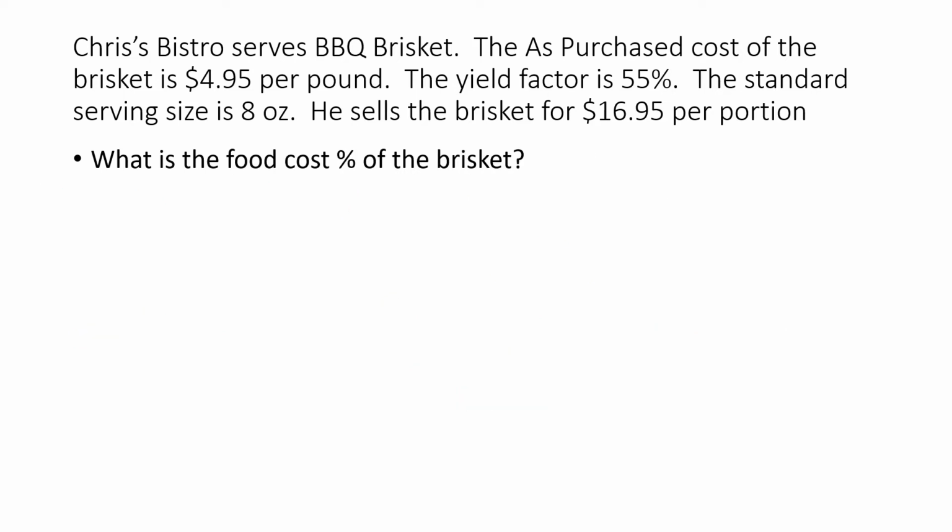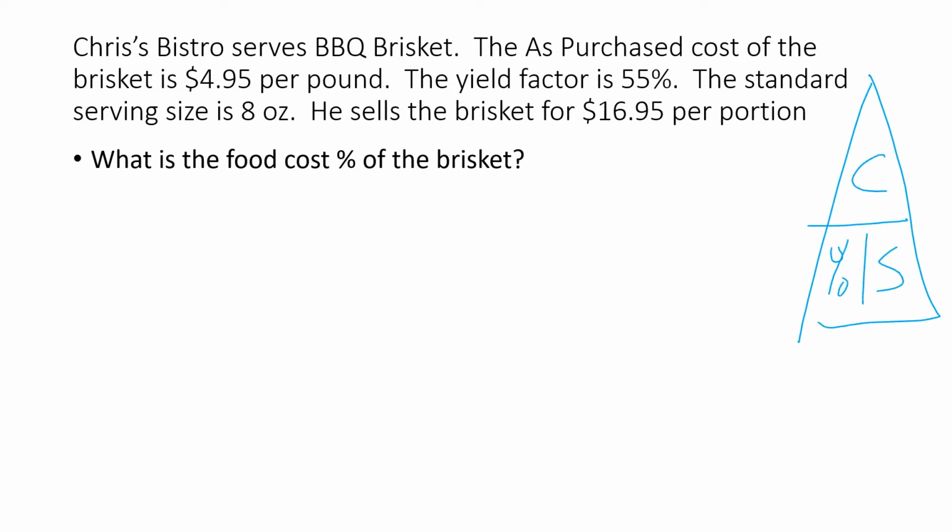So our food cost percentage. Here's our triangle: cost, percent, sales. What is our food cost? We just calculated it: $4.50. What is our selling price? $16.95 per portion.